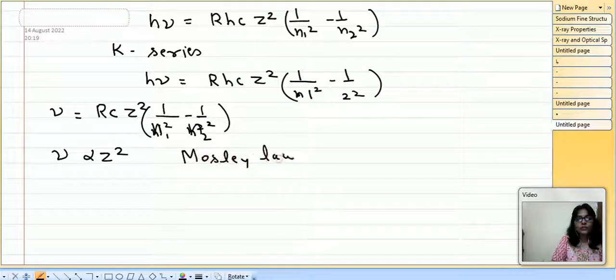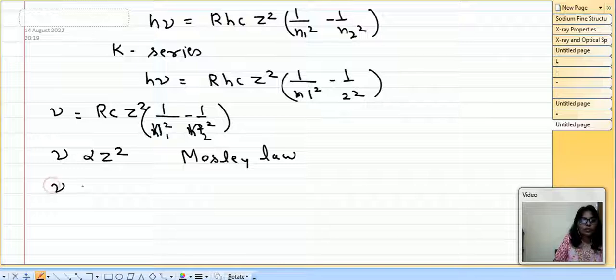Then there is some correction also, because Z is the atomic number or the number of protons inside the nucleus. But as we go outside the nucleus, or if we go to the L shell, then there are also some electrons of the K shell around the nucleus. So the effective Z will be less than the actual Z, and that is known as the screening effect.